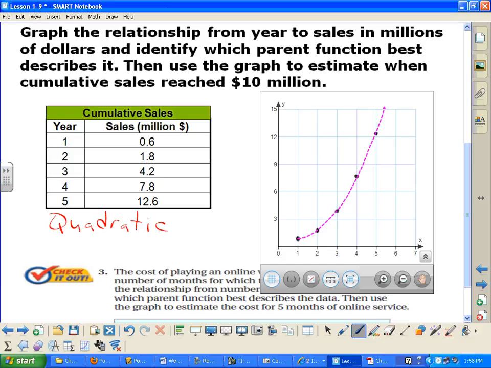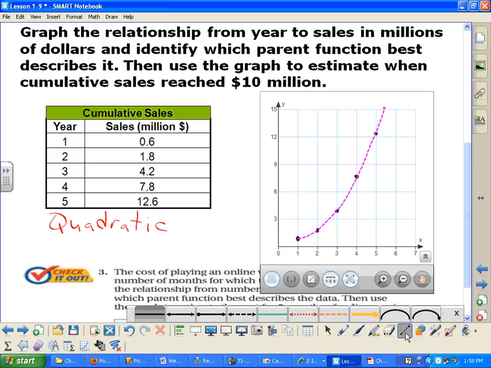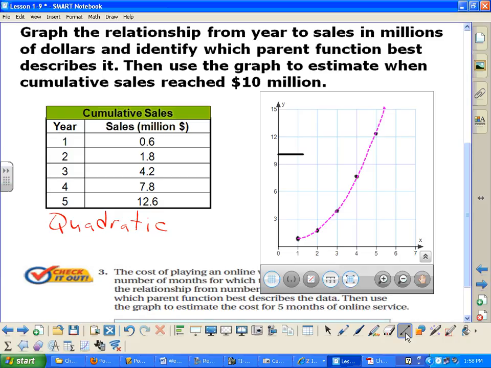And it says, then use the graph to estimate when cumulative sales reach 10 million. So 10 million would be about here, right? So 10 million in sales would be there.